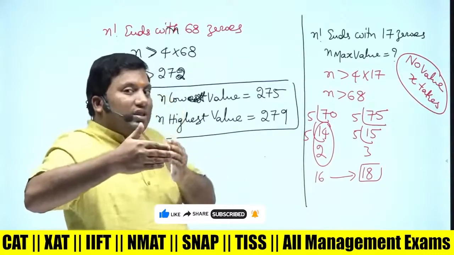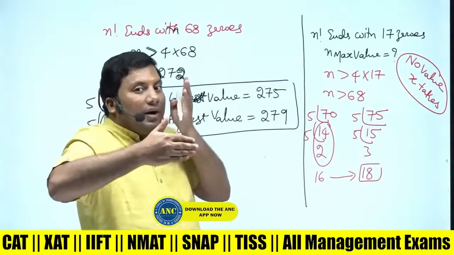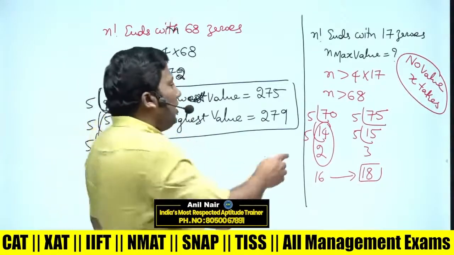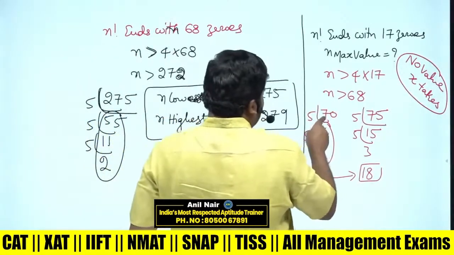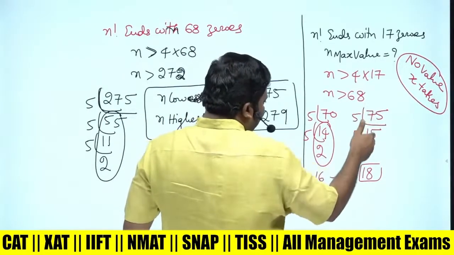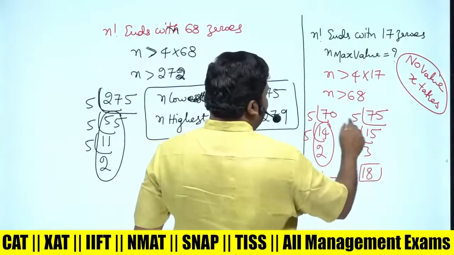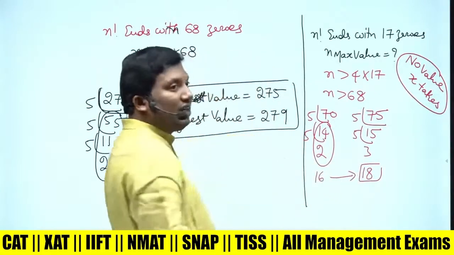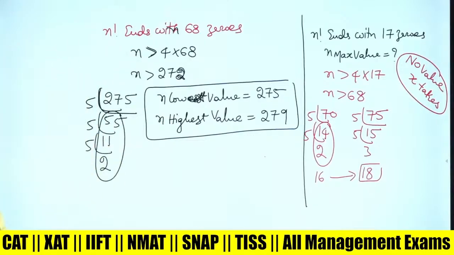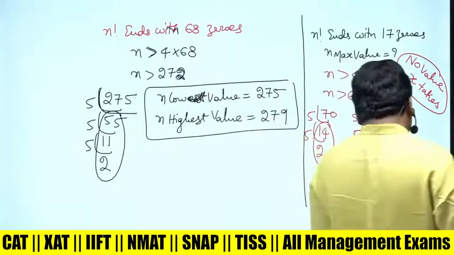We are working with factorial numbers. In factorial numbers, the number of zeros at the end is dependent on the power of 5. So check the multiples of 5. At 70, I got 16. Next multiple of 5, 75, I got 18. Why is there a jump from 16 to 18? 75 is 25 into 3, so an extra 2 will come. I hope this concept is clear to you. Next one.